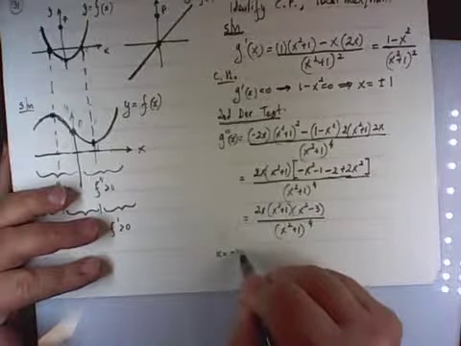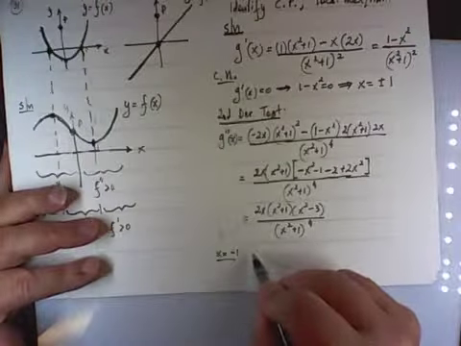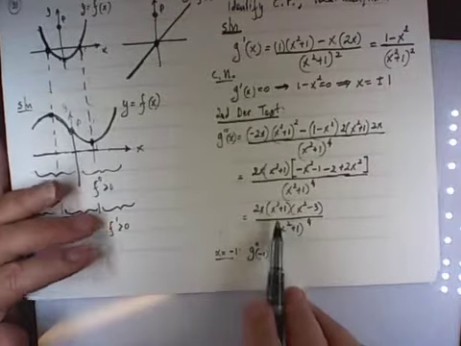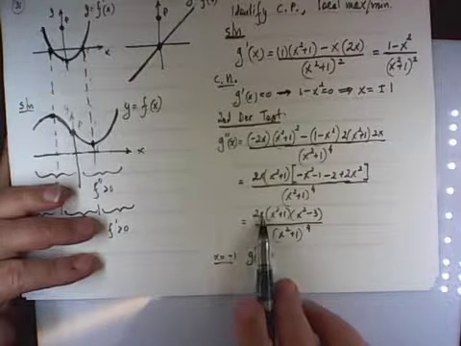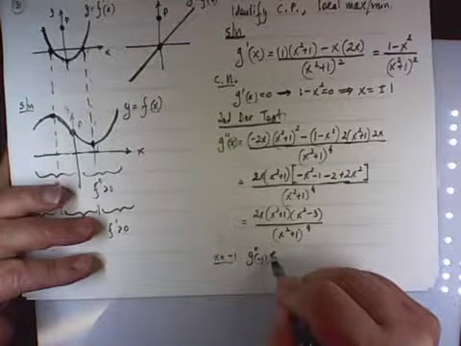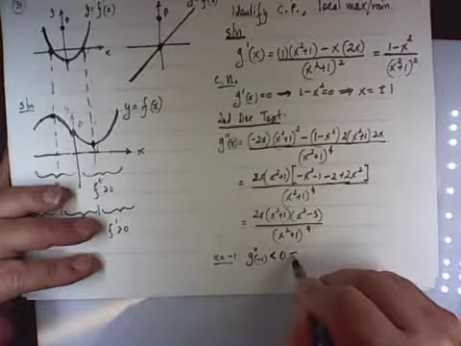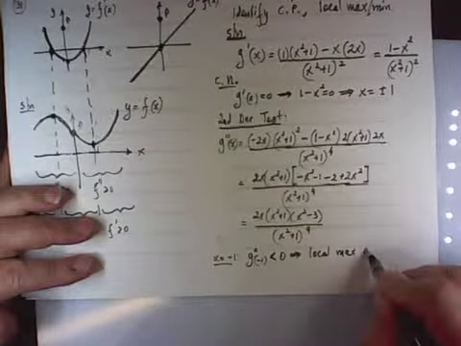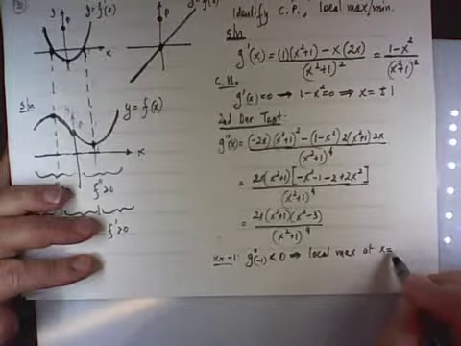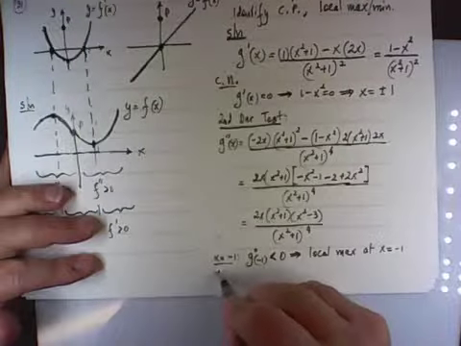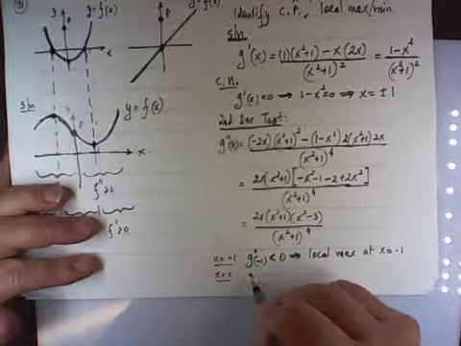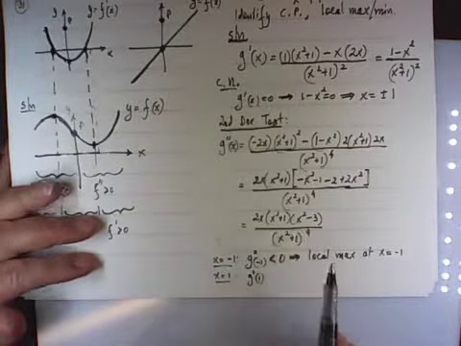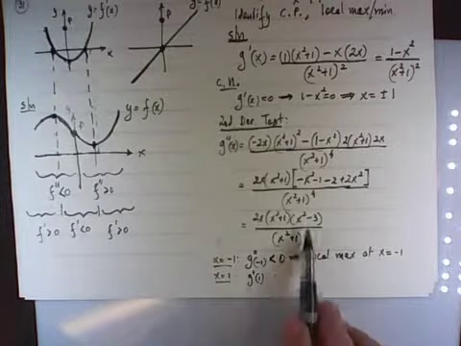So let's check what happens when x equals -1. Then g double prime of -1 will be positive or negative. Positive, positive, and negative. So g double prime is negative. So we have local max at x equals -1. And for x equals 1, g double prime of 1, okay, positive... wait a second, the other way around.